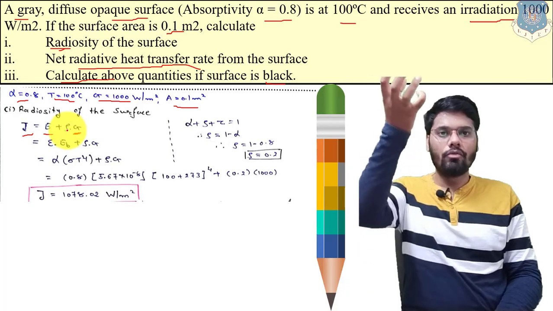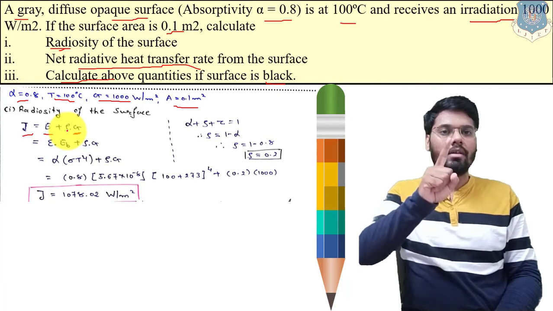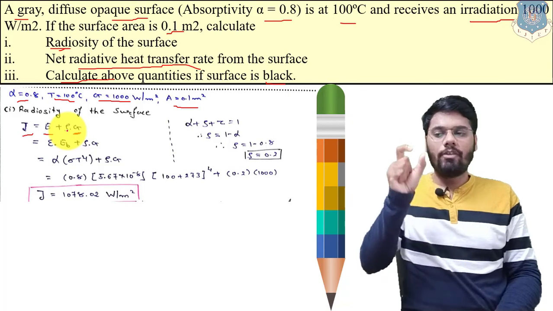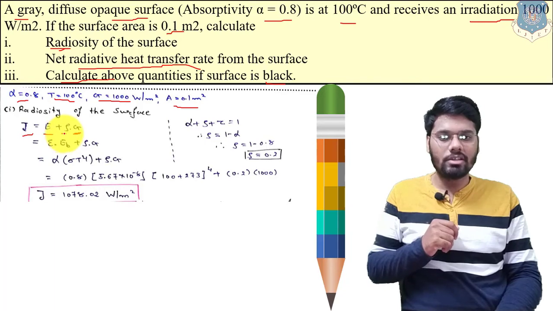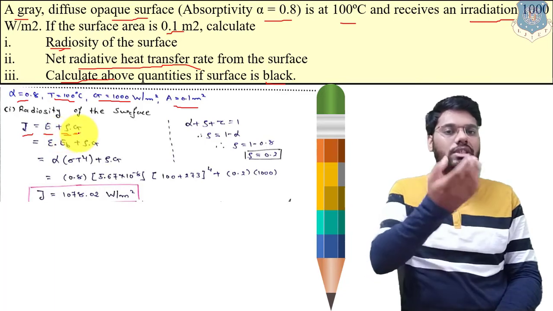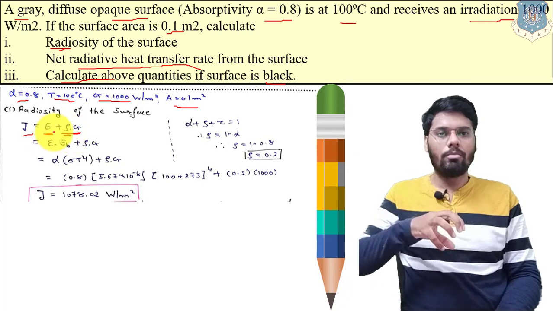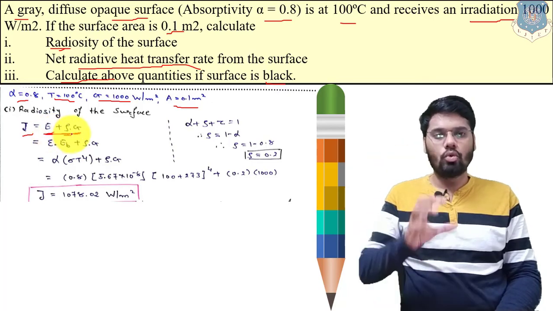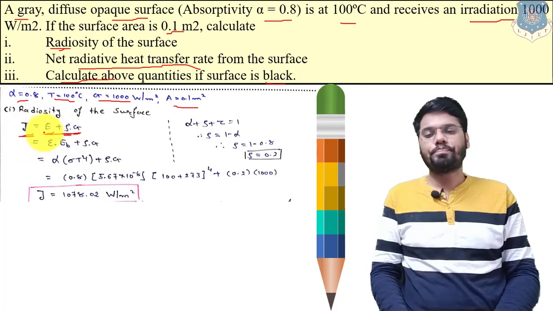The total electromagnetic wave incident on the surface is G, and from that amount, based on the reflectivity of the body, some amount will be reflected back. So rho into G is going to be reflected. The combination of rho into G plus the emissive power, the wave emitted because of its own temperature, is the radiosity, capital J.